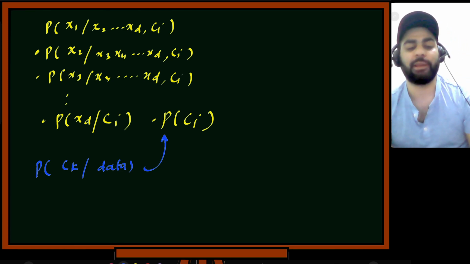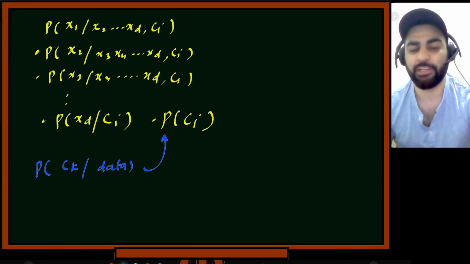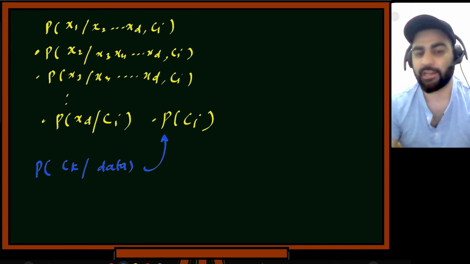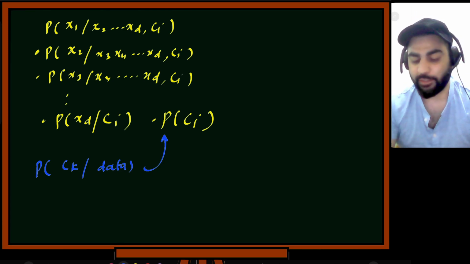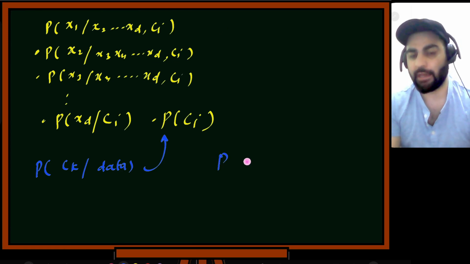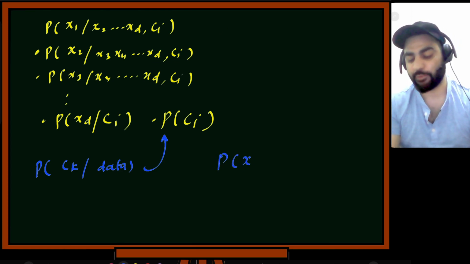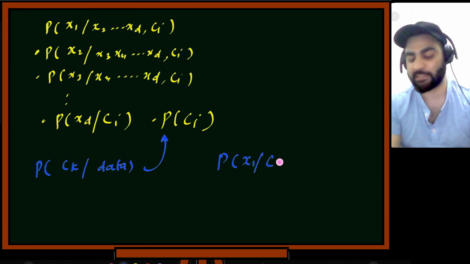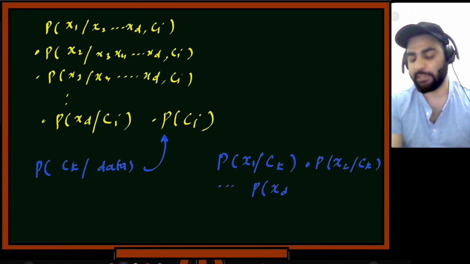Here I'll make this computation really easy by using the independence. I can write probability of x1 given the class, let's suppose class ck, multiplied by probability of x2 given class ck, till probability of xd, the dth feature, given class ck, multiplied by probability of ck.